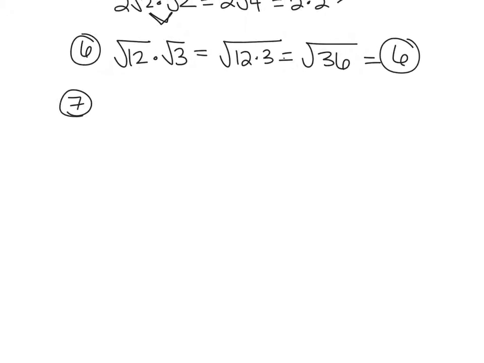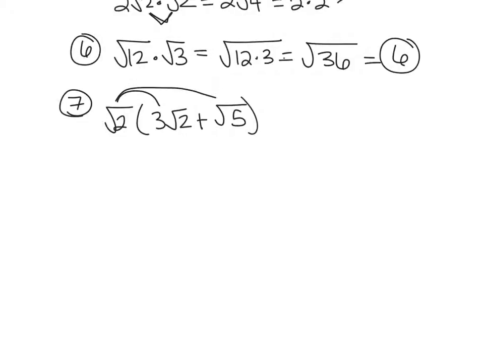All right, number 7. So for this one, we're going to have the square root of 2 times 3 root 2 plus radical 5. So here's the deal. We cannot add these two together because they're not like terms. So with addition, just like with variables, the square roots have to have the same radicand inside, and they don't. So let's distribute.